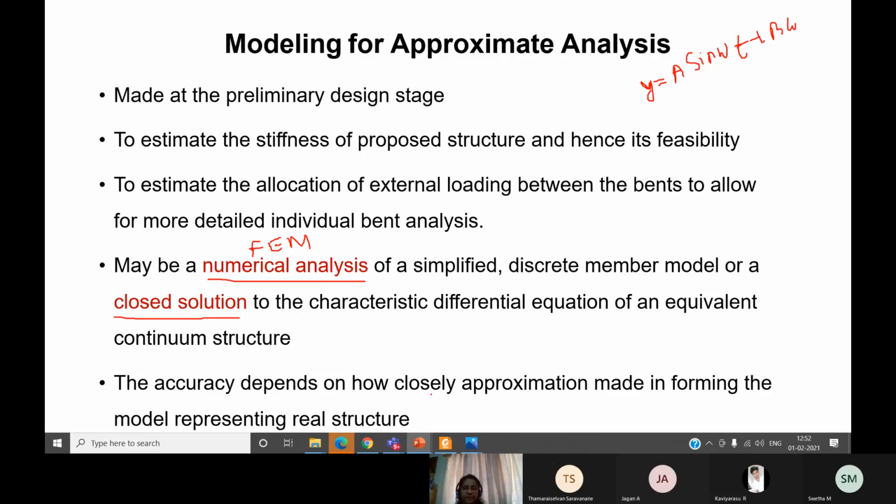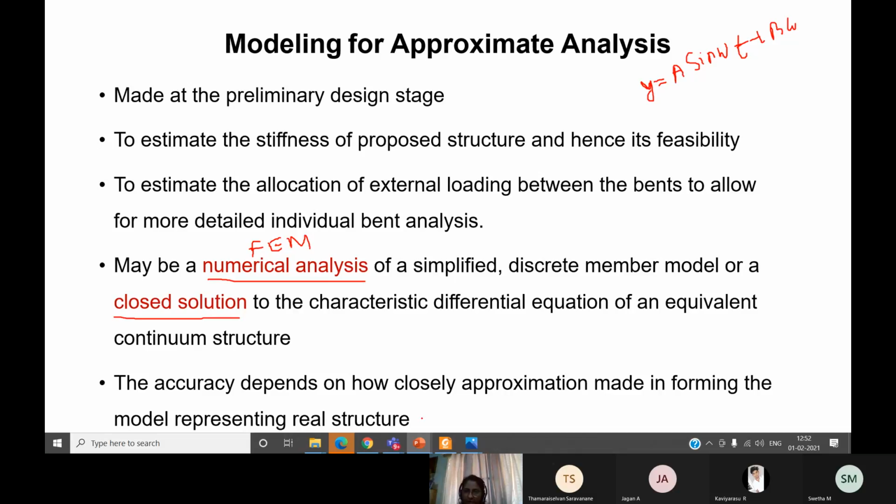So the accuracy depends on how closely the approximation made in forming the model represents the real structure. When you make a model, you make some approximations. For any tall structure, before you construct a building, in practice you do a model analysis and a model study, testing the model in a wind tunnel or any other experimental setup, a simulation.